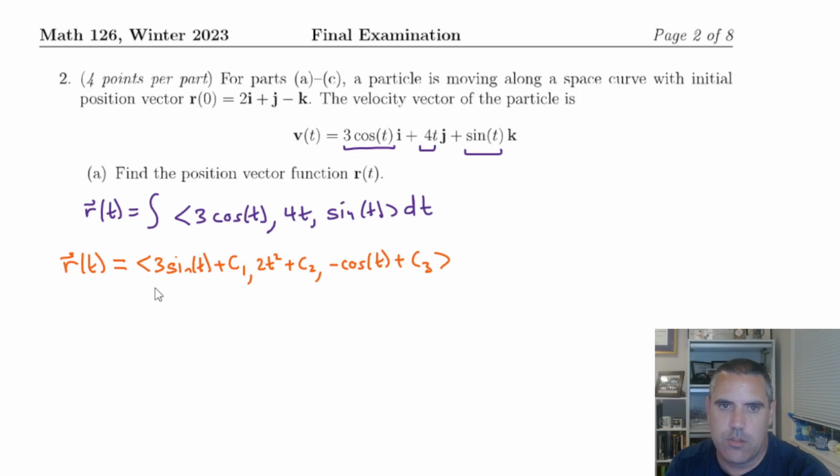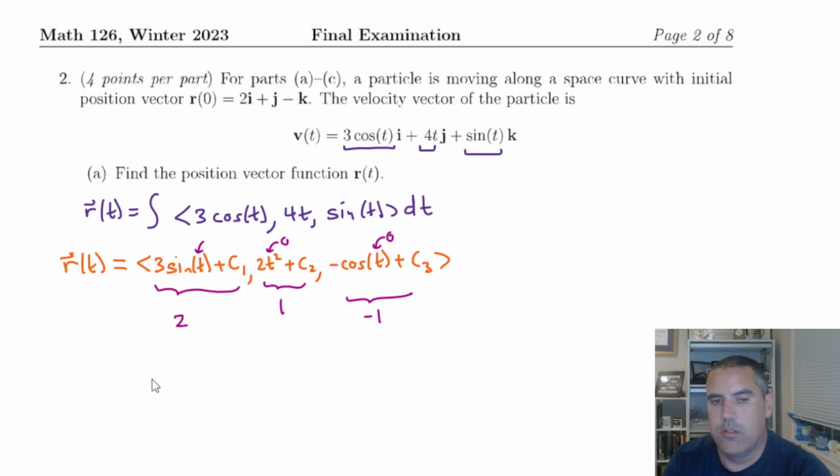Our initial condition is when we plug in 0, and don't forget about that fact of plugging in 0. Now, in this case, that doesn't matter. You're going to get 2, then 1, and then negative 1. So what does that mean?